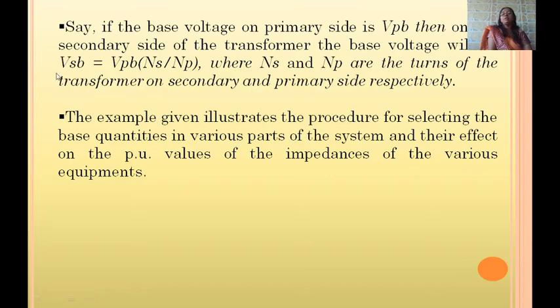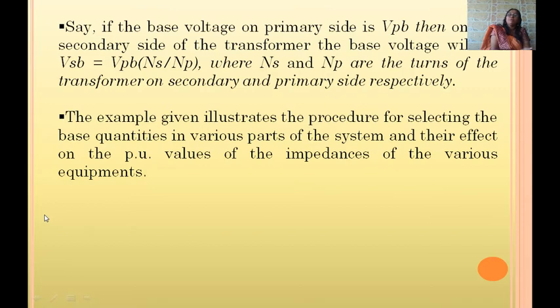VSB is the secondary side base voltage, VPB is the primary side base voltage. The secondary side is calculated from the turns ratio. The example given illustrates the procedure for selecting the base quantities in the various parts of the system and their effect on the per unit values of the impedance of the various equipment.